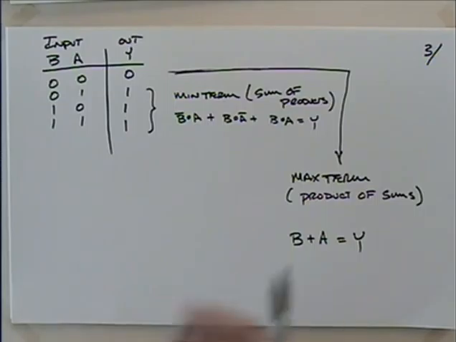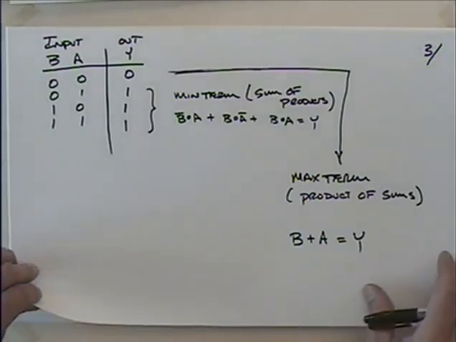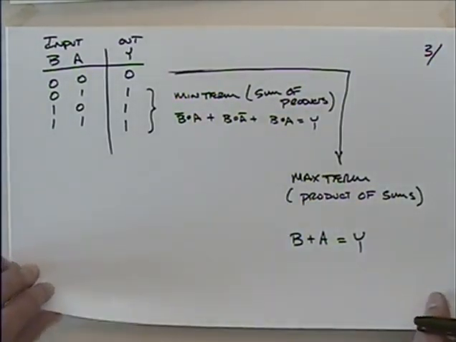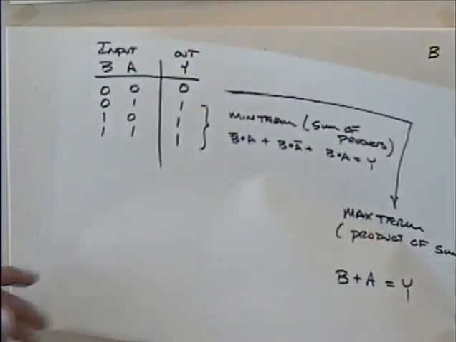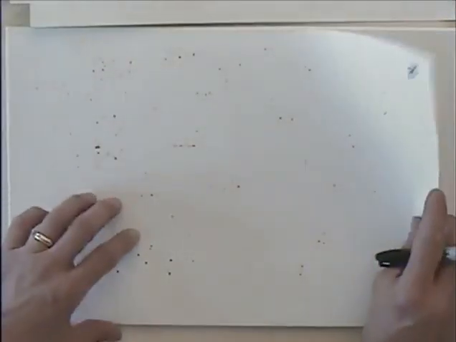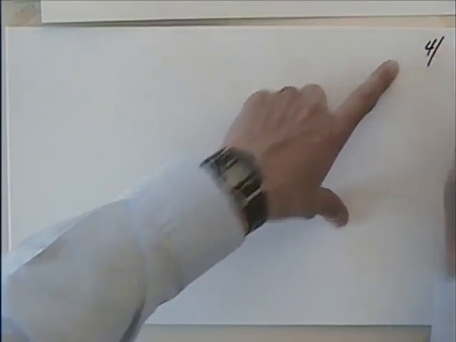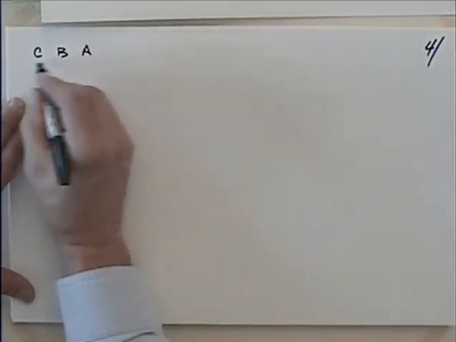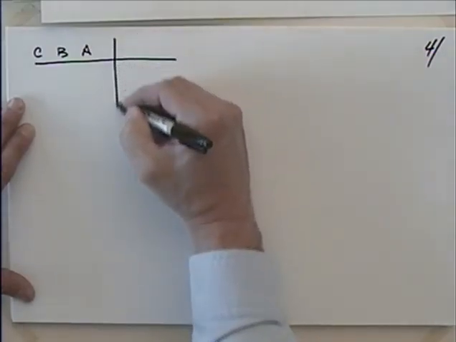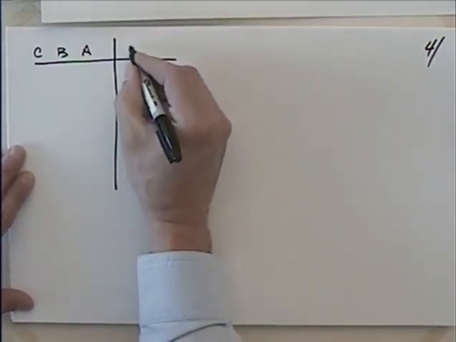So this is kind of a quick and easy first example, but let's try one that's quite a bit more complicated so we can see some of these getting longer terms. So let's see, we've got this. So there's our input, here's our output.